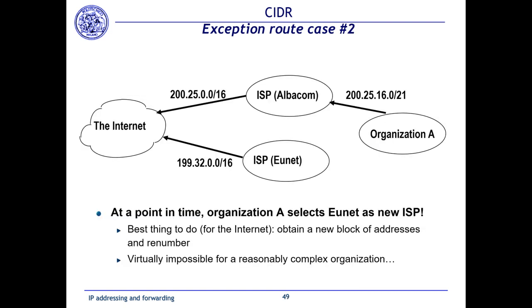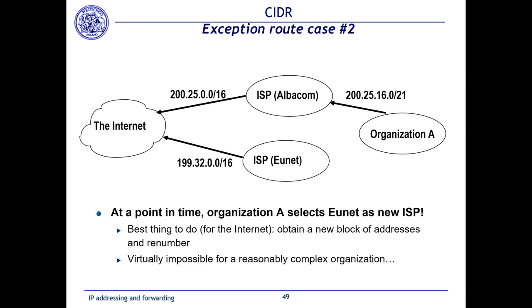A similar situation is this one, when you have an organization that is subscribed to a given internet service provider, and so it obtains a network block of addresses that belongs to the overall block of addresses of that internet service provider.